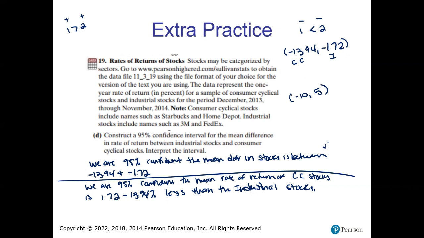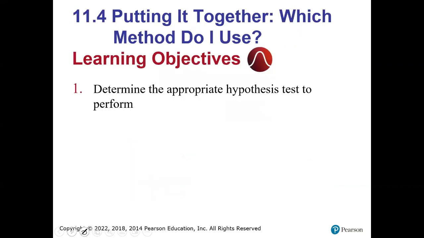We are 95% confident the mean difference in stocks is between negative 10 and 5%. Okay, so what that means is we can be anywhere between the one is 10 percent less to over 5% more. It's on both sides, meaning that overall there's no difference between the two.